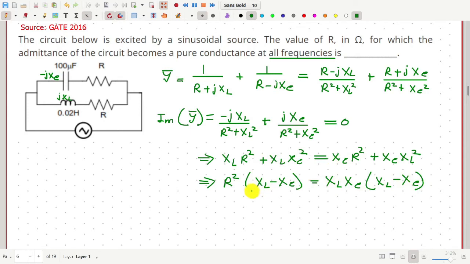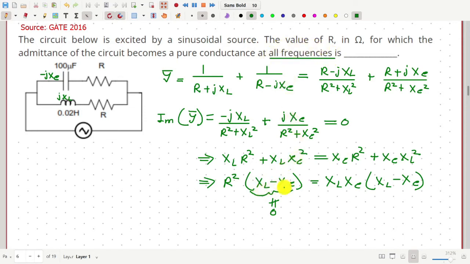Now, this term XL minus XC is not equal to 0. This cannot be 0 at all frequencies. It may be equal to 0 at a particular frequency, but the condition that we are looking for is to be valid at all frequencies.